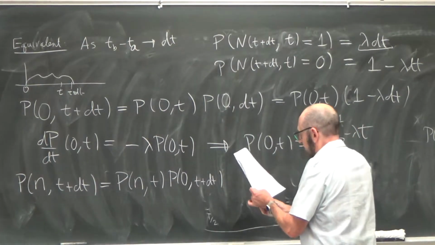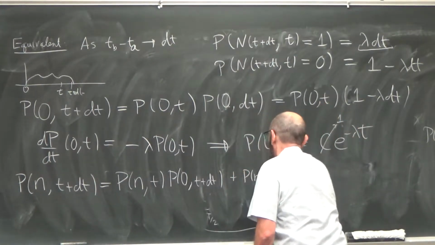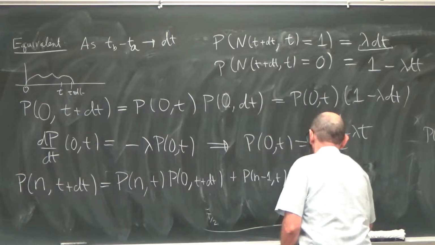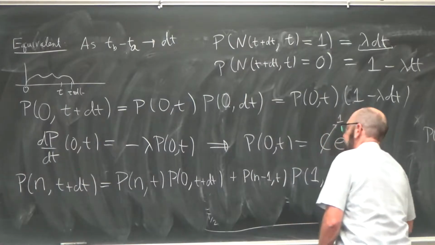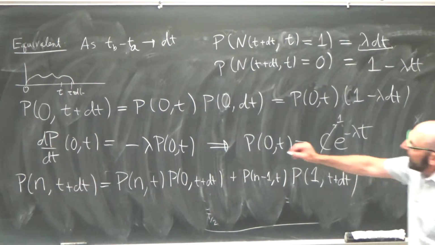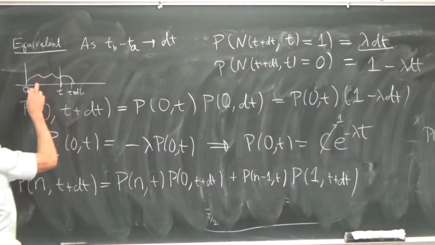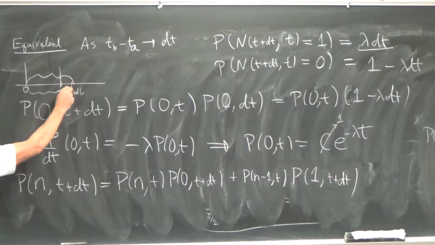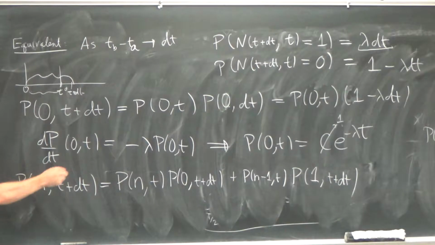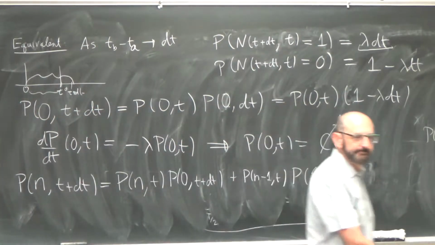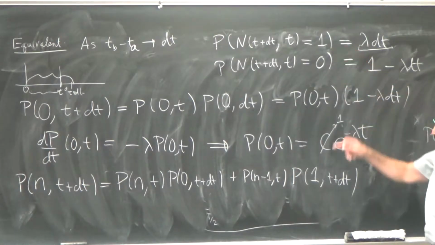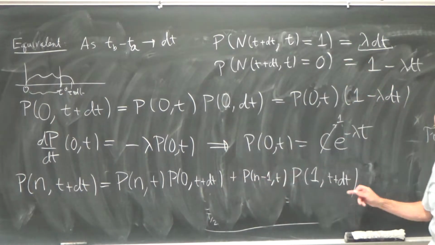I can see n minus 1, and I can see 1 count in that last interval. So either I see all n counts in the first part and 0 in the second, or only in that very last interval do I see a count. Because in the time dt, I can only see 0 or 1, and nothing more.